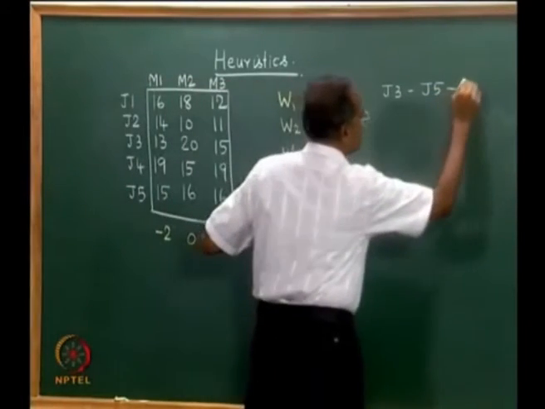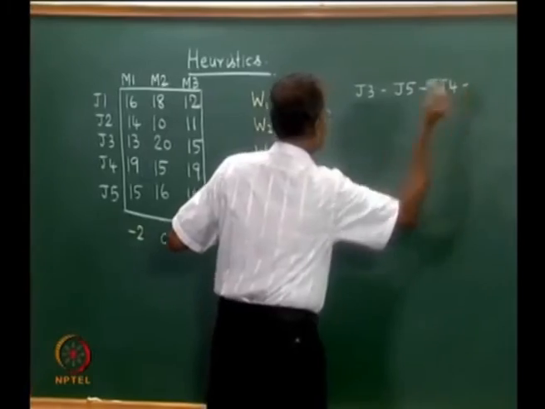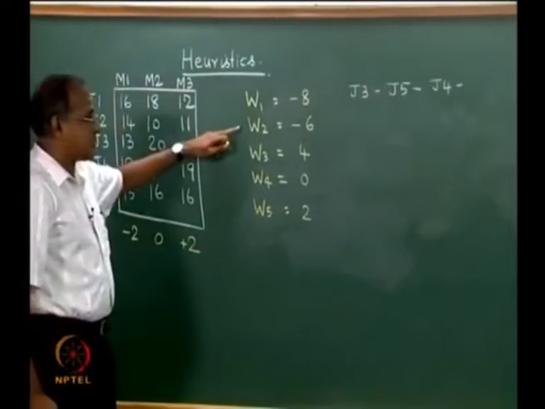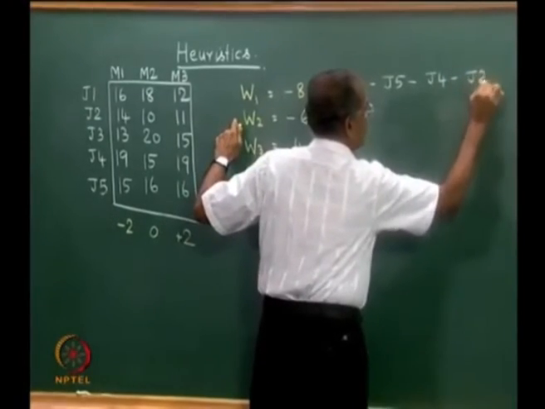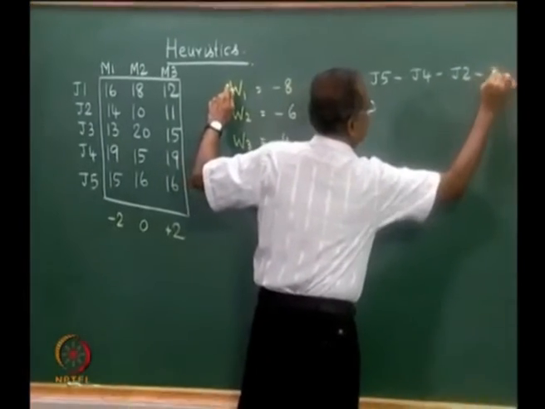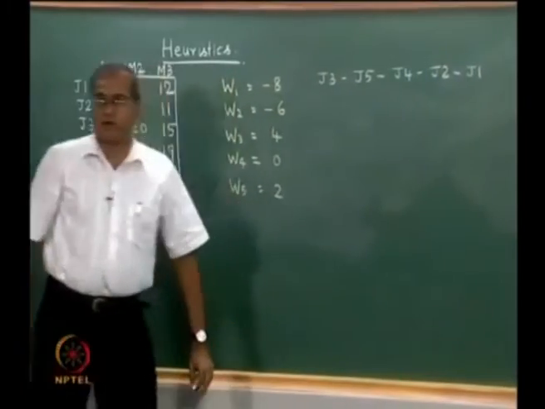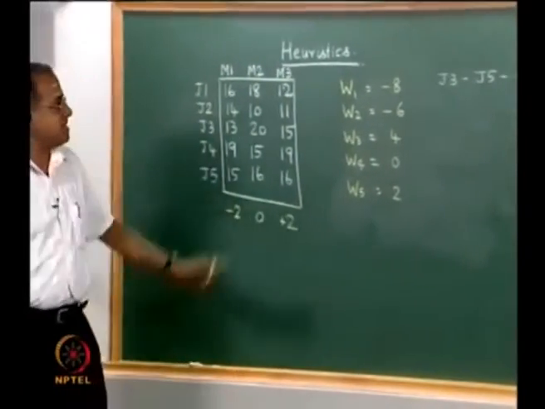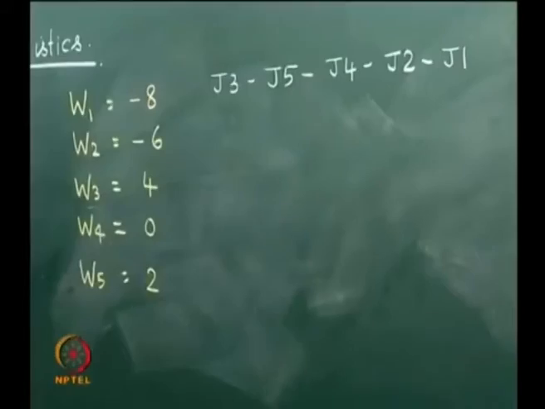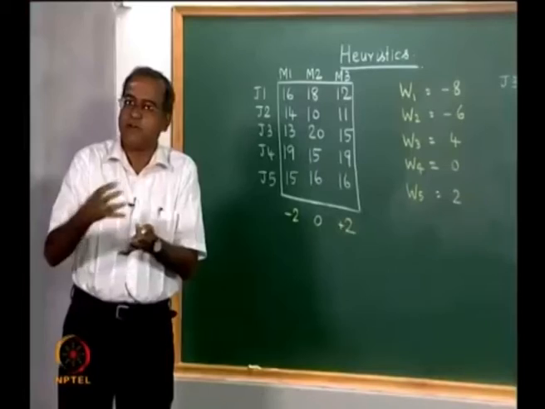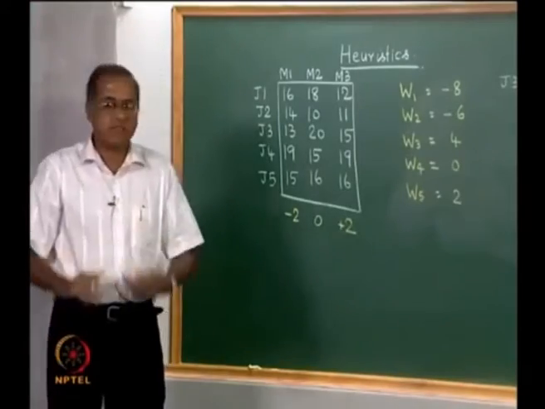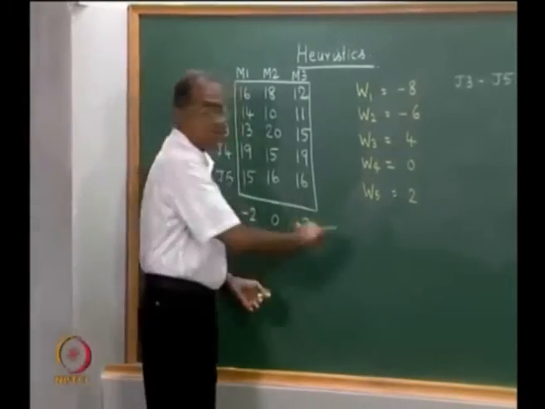So, J4 comes third, the next one is minus 6. So, J2 comes here, and the last is minus 8, J1 comes here. So, this is the sequence that we get if we compute a weight for each job based on a weight given to each machine.